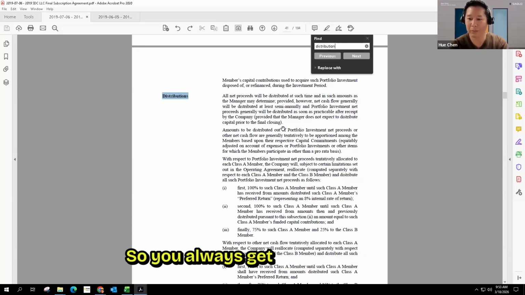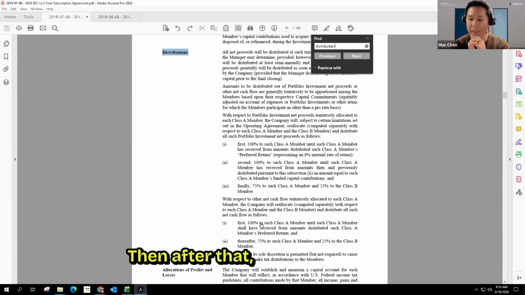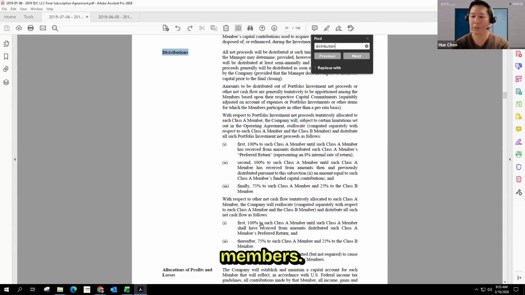So you always get your preferred return. So first is that Class A members until they received the preferred return. Then after that, in this case for 2019 STC, 75% above the preferred return goes to the Class A members, and 25% goes to the Class B members.